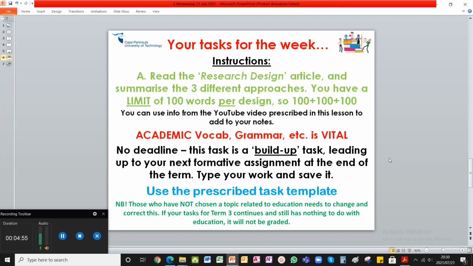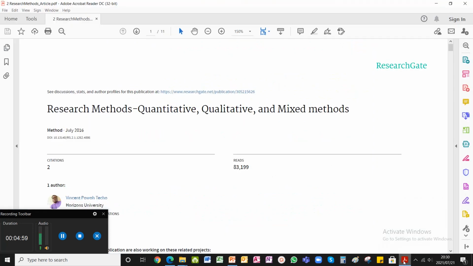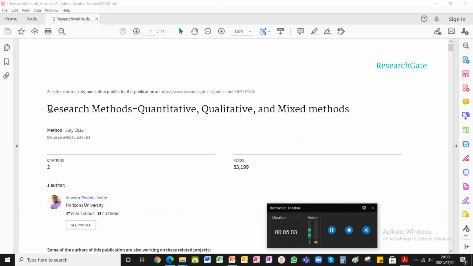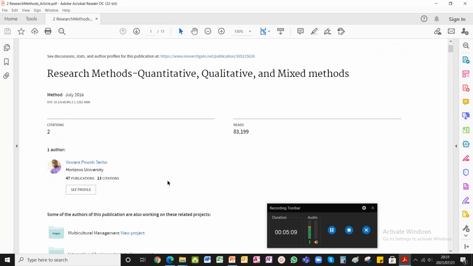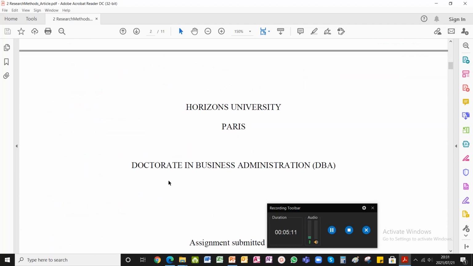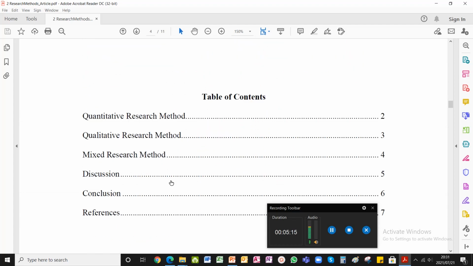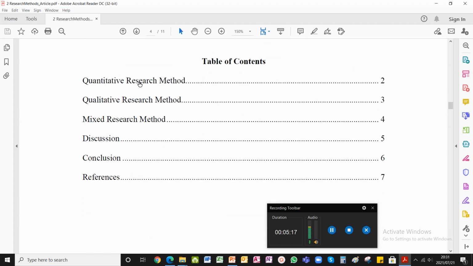but you have a task that you have to do. I will send an article, and this is the article I will be sending you. This is research methods, qualitative, quantitative, and mixed methods. So in this article, the author very nicely, within 11 pages, wrote a very short article on what is quantitative methods, what is qualitative methods, and what is mixed methods research.